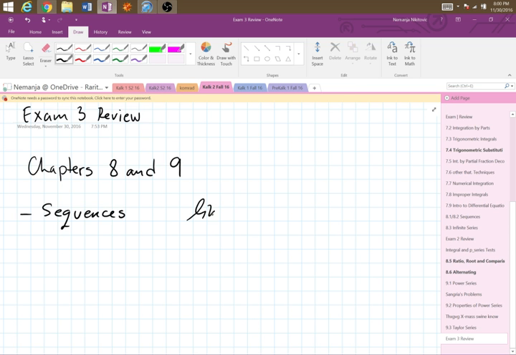So you take the limit of an, and that is either a finite number, L, and we say the sequence converges to that L, or it's positive or negative infinity, which gives us divergence. So sequences are very straightforward. Only one test for sequences.